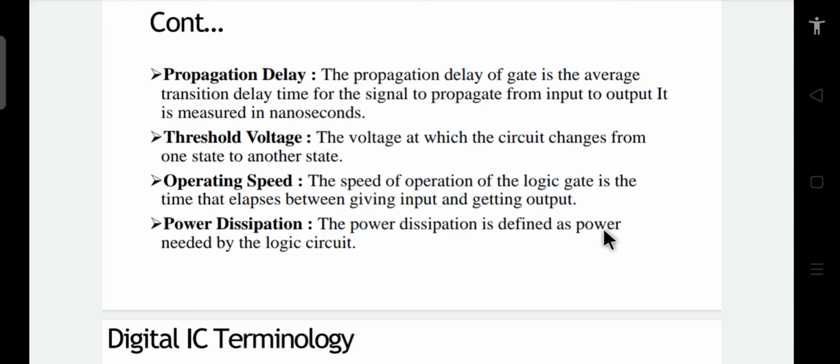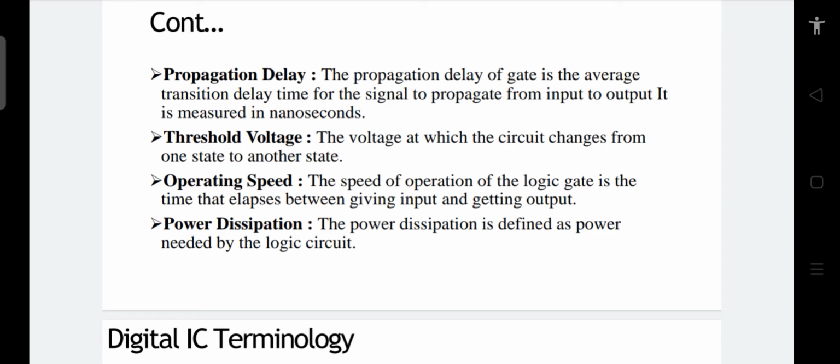If the input voltage is above that voltage, the circuit will operate as high, or if it is below that, it will operate as low. So that voltage is called the threshold voltage. Threshold voltage has multiple definitions, so I am just giving you the introductory one: the voltage at which the circuit changes its state from one state to another is called its threshold voltage.